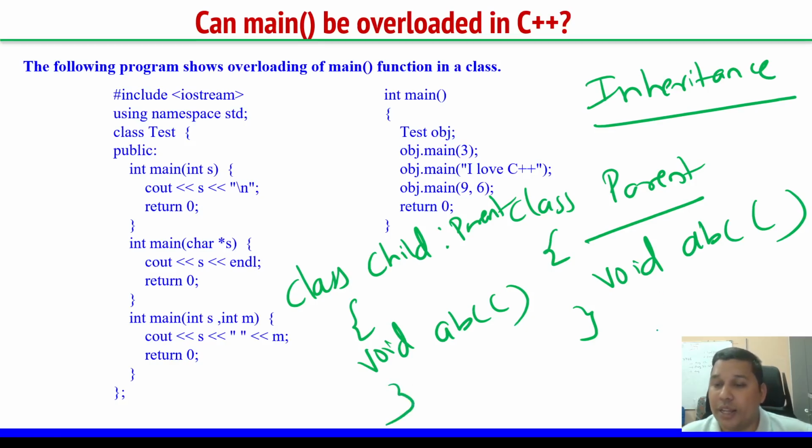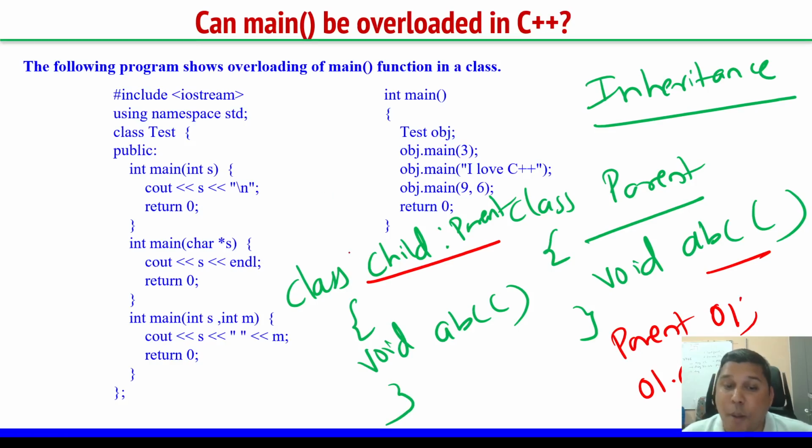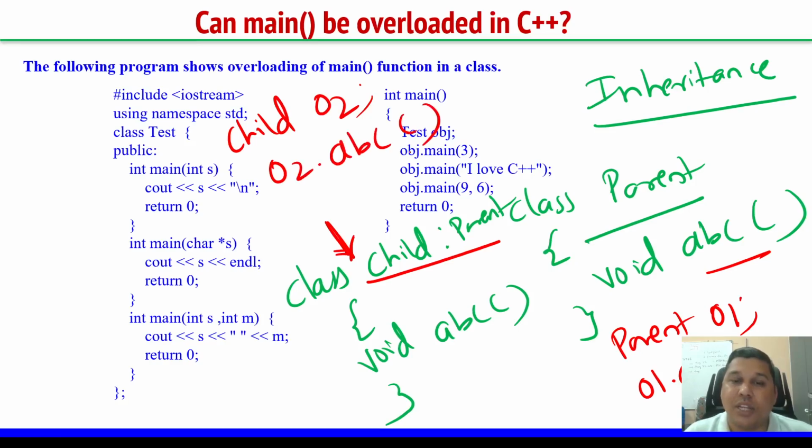Now, previously we studied that if I create an object for the parent class like this, parent object o1, with this object you can access this function abc. You can call this function abc. Since child is also derived from the parent class, the object of the child class, child o2, can also access this parent class function, as we studied before.